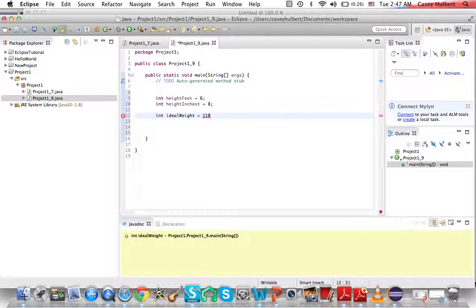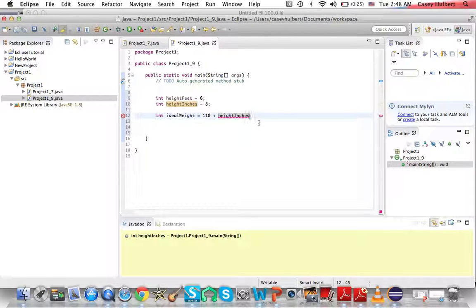Then we're going to copy height inches, paste it. I spelled this one wrong, so delete that T. All right, height inches.